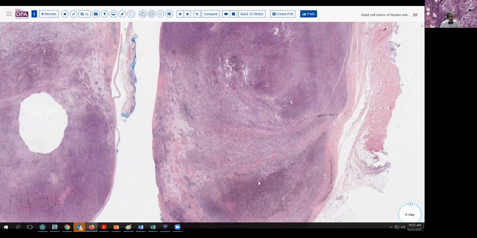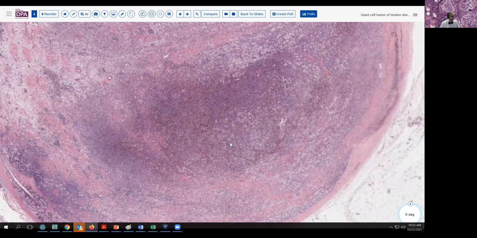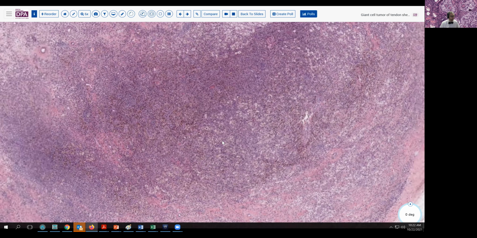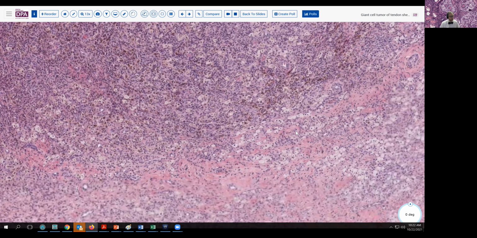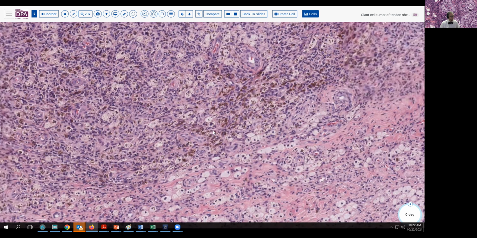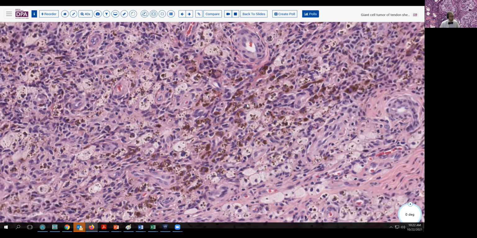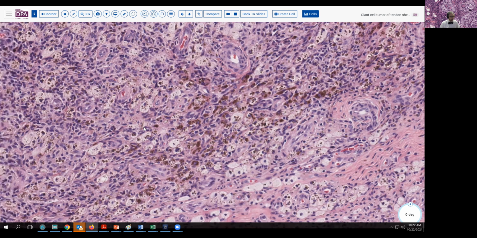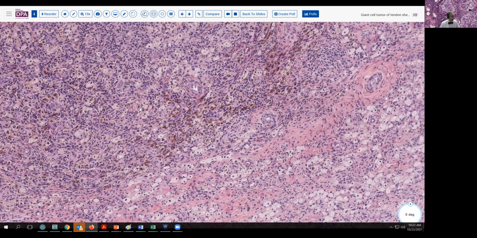As we come to magnify this a little bit higher, we can see that this is indeed pigment. We have some sort of foamy clear cells here, and we can see that there is a nice granular hemosiderin type of pigment here amidst the vascular background, and a few admixed histiocytes here in this case.